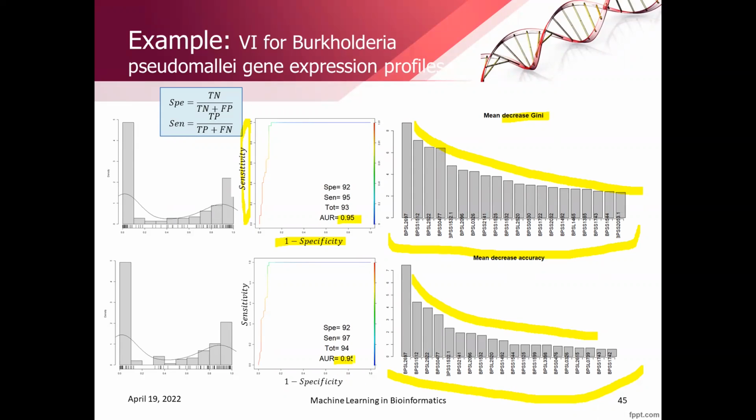The area under the curve is the same. What is different is sensitivity. And on the leftmost column, this is a density plot. What is here?